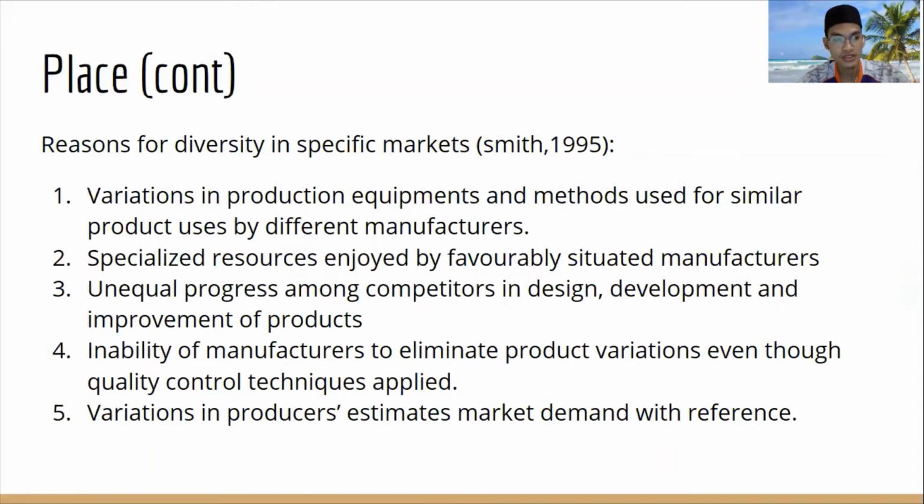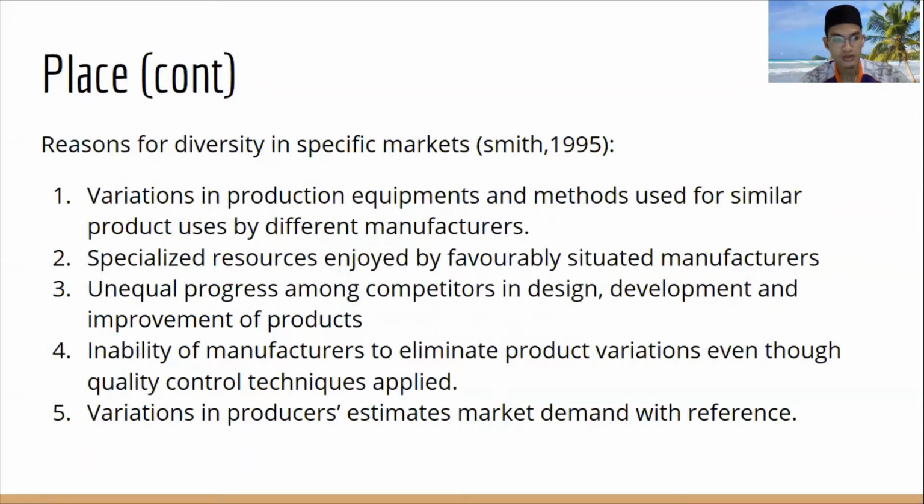The first reason is variation in product, equipment, and methods or processes used by different manufacturers of products designed for the same or similar uses. The second one is specialized resources enjoyed by favorably situated manufacturers. The third one is unequal progress among competitors in design, development, and improvement of products.